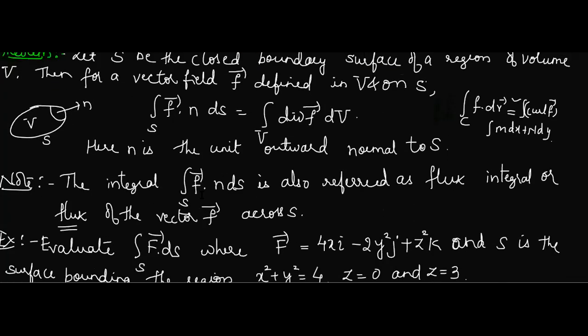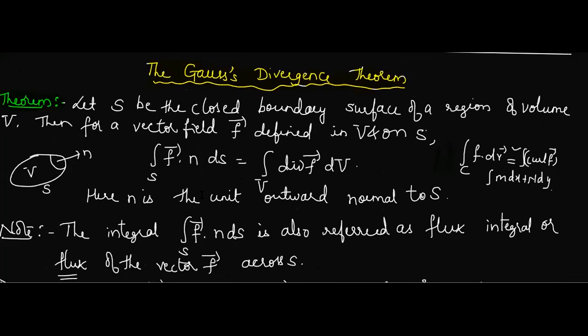Now, one more thing. When you deal with the application part of line integral, in the syllabus, 2 applications are mentioned. One is work done. Can anybody remember how we calculated work done?